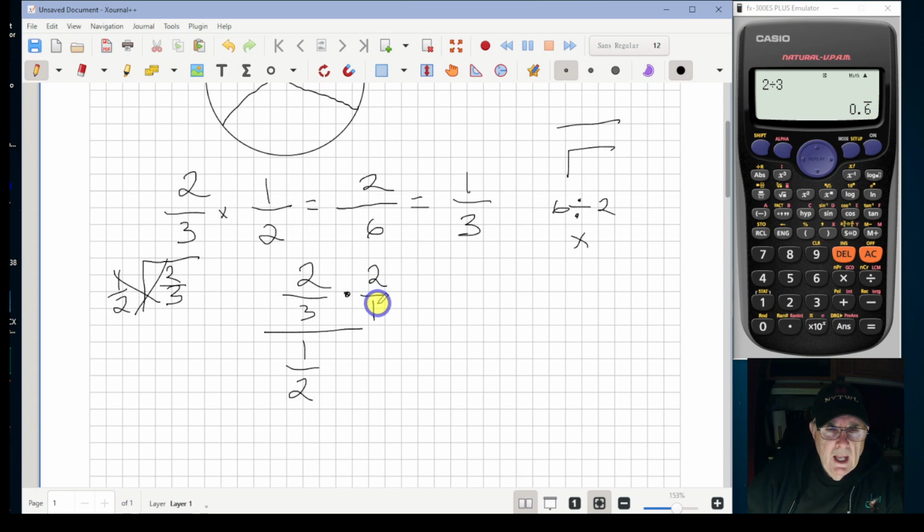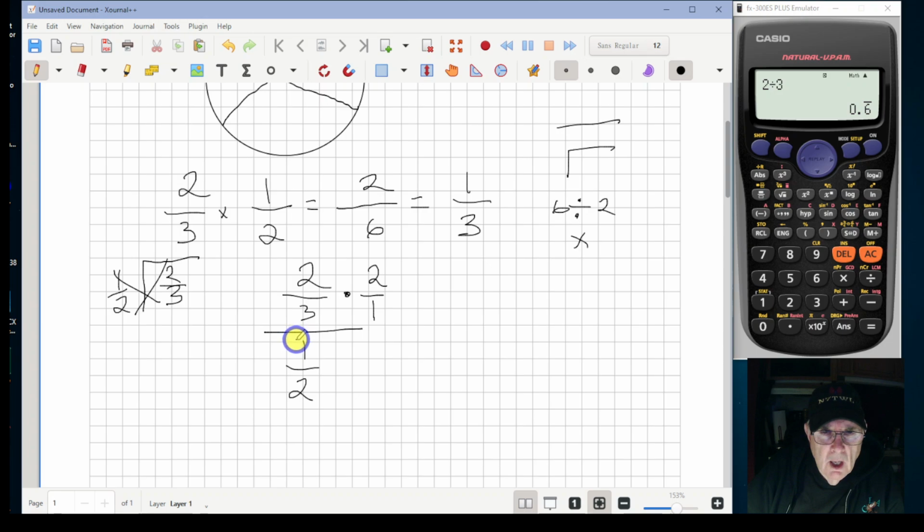We can do that really because the fraction is a division problem to start with. So we're dividing a divide and inverse operations, and there are other reasons why this works, but this is the typical process. So in reality, we really don't divide fractions, at least in the traditional method.